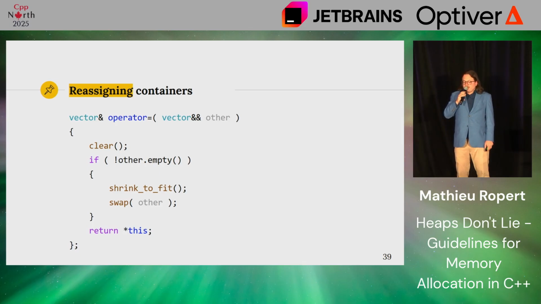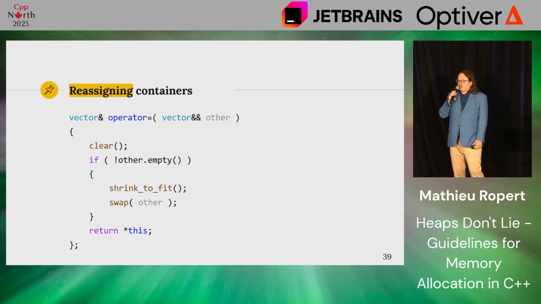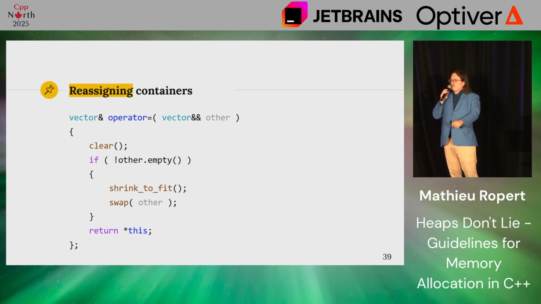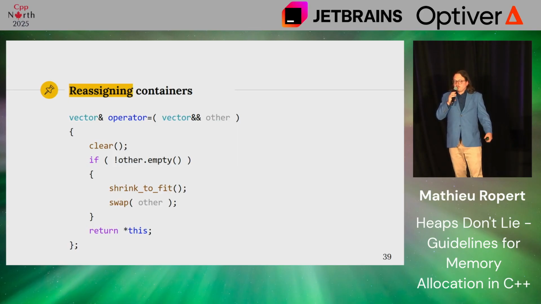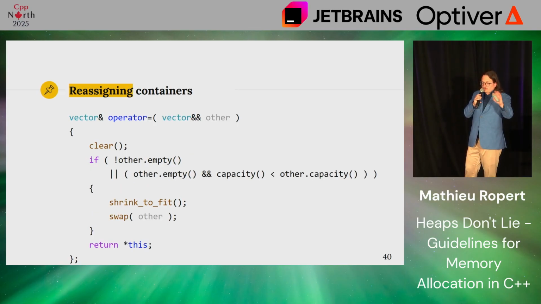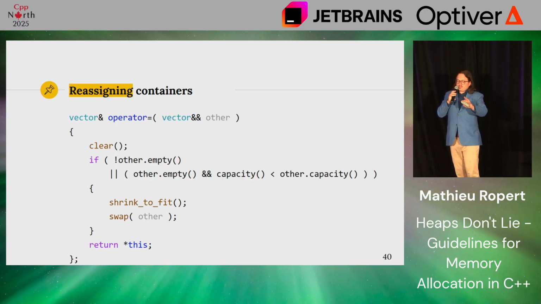Why don't they say, if the other is not empty after I'm cleared, maybe don't throw my buffer away? Because I need it. If you're just trying to assign me to an empty one and I have memory that I already allocated, maybe keep the memory I allocated. You can even try to be smarter and say, keep the one that has the biggest capacity. There are different ways around that.